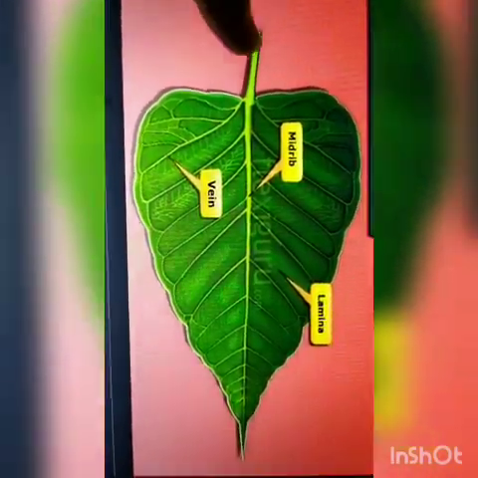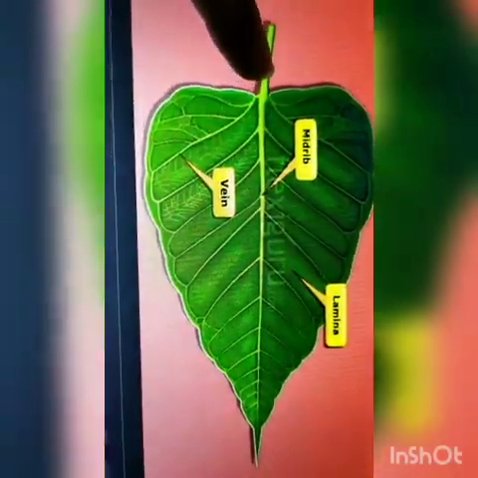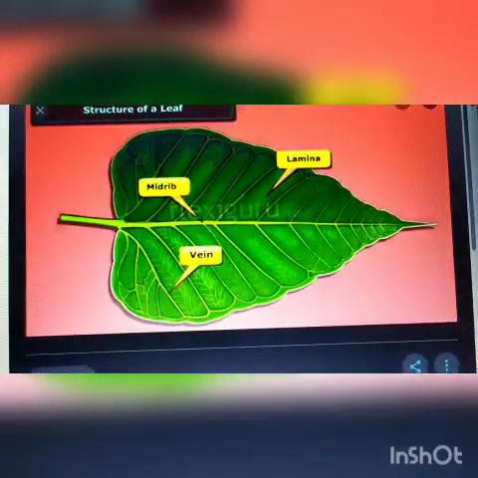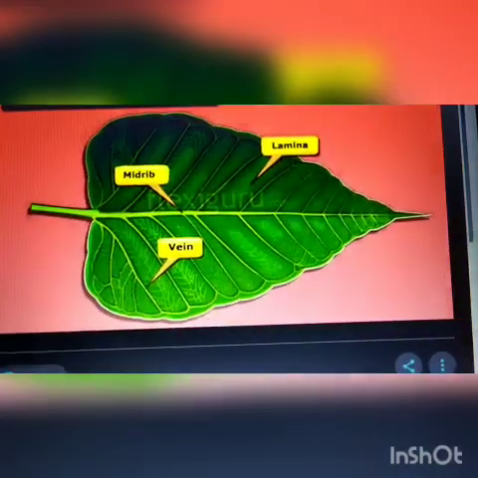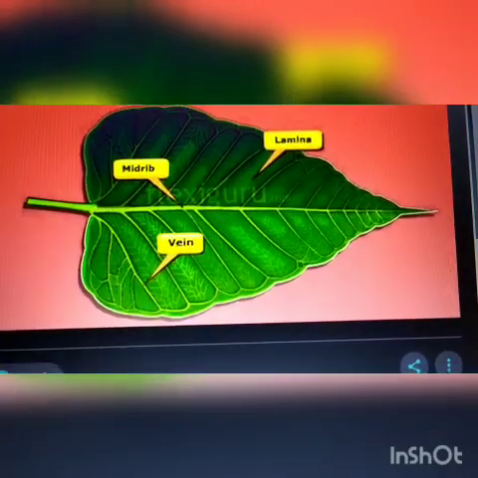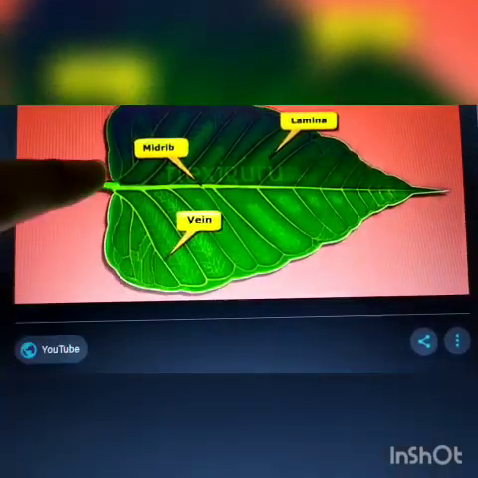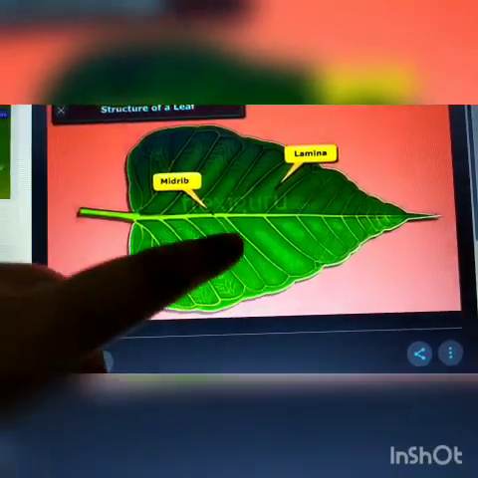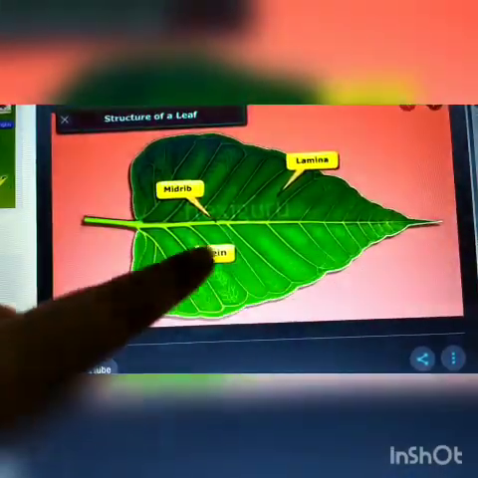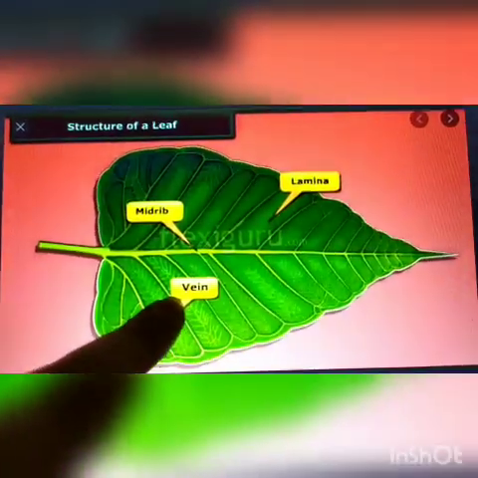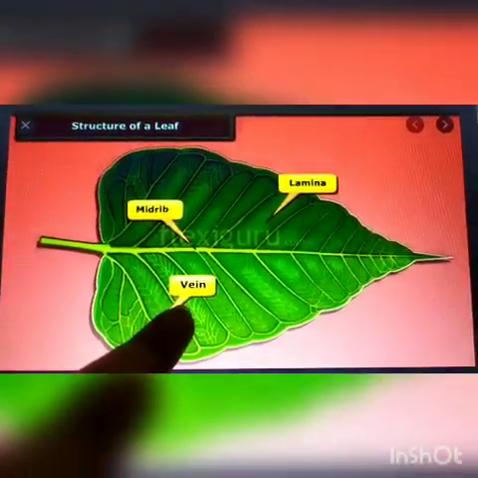Okay, this portion. You can clearly observe the main vein. Okay, and you can see many smaller and thinner tube-like structures called veins. See over here. These small and tube-like structures are called vein, or we can also call these veins as side veins. Okay.